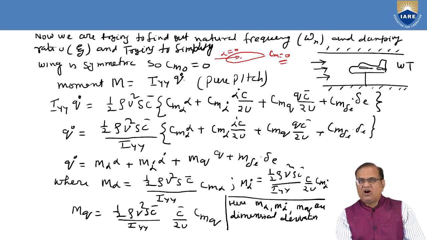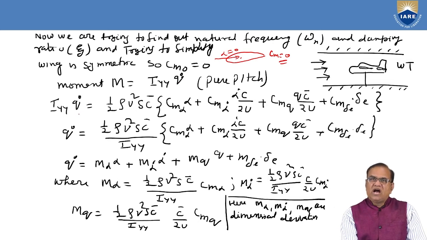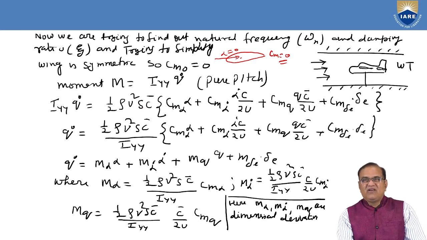Now Iyy into q dot, we know that pitching moment is equal to force into distance. So half rho V squared S as force into c bar, then Cm alpha into alpha plus Cm alpha dot into alpha dot c by 2u plus Cm q c bar by 2u plus Cm delta E into delta E.